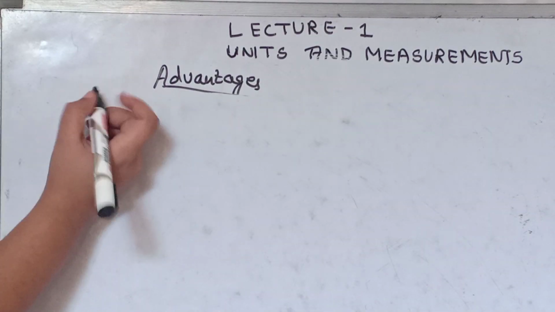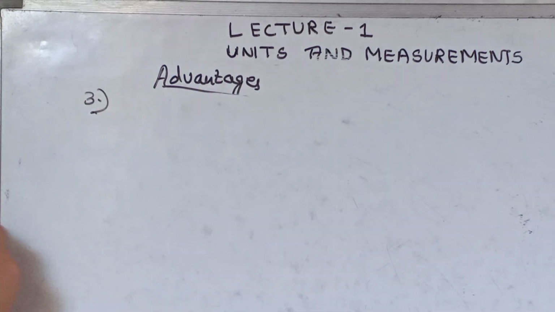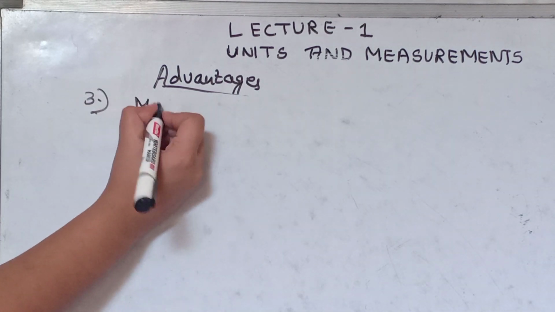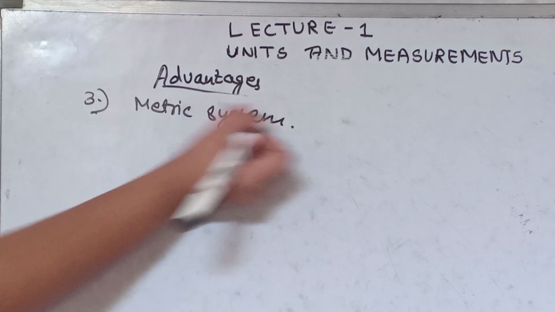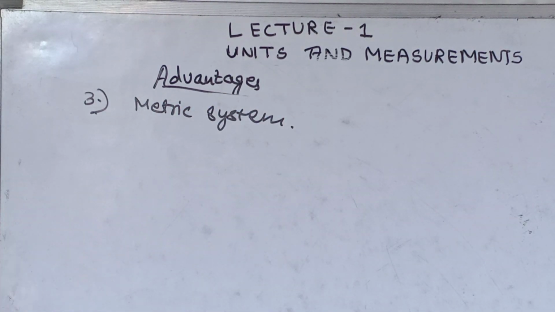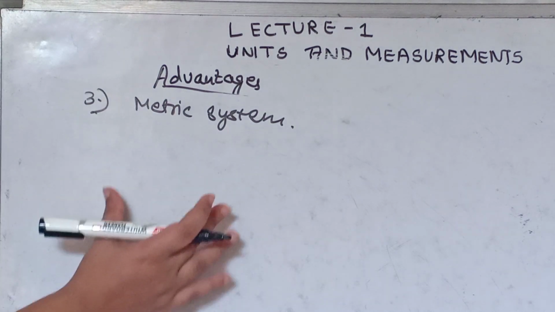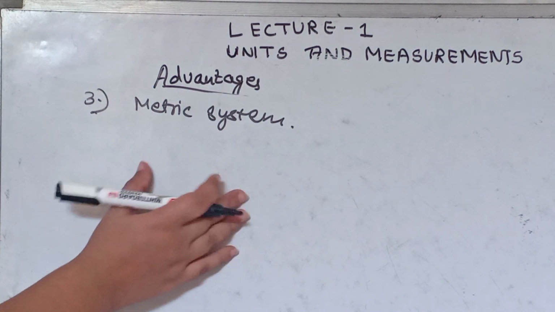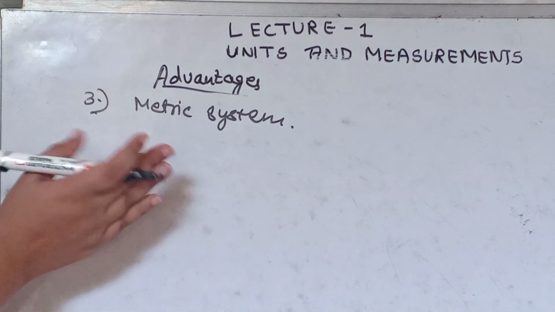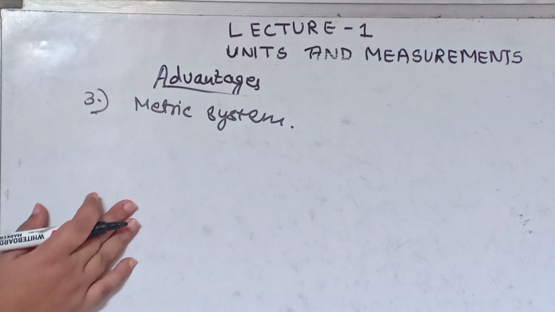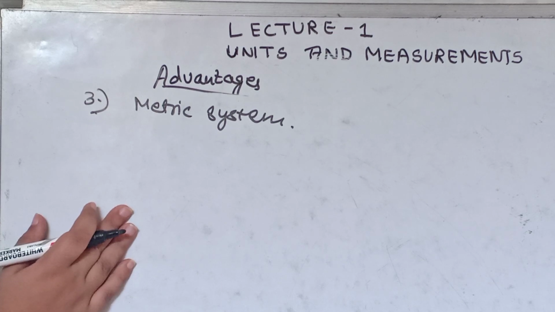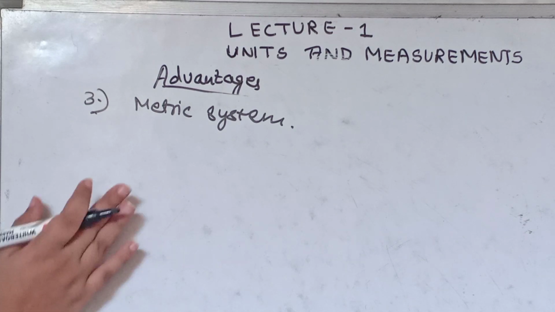Number third, SI system is metric system. What does this mean? This simply means that when we have to convert any quantity which is not in the standard unit, we can convert it simply by multiplying or dividing it by powers of 10.